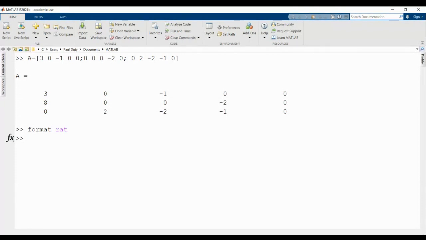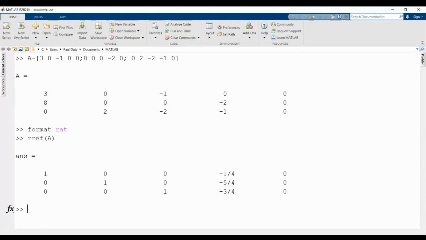The command to do reduced echelon form is RREF. So you do that on matrix A, hit enter, and there it is. And that's the matrix.